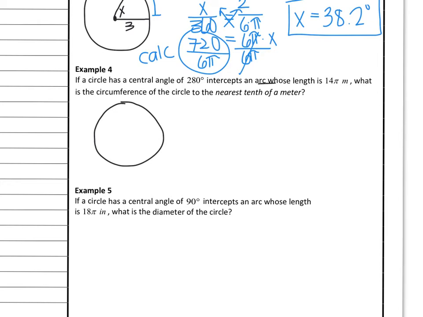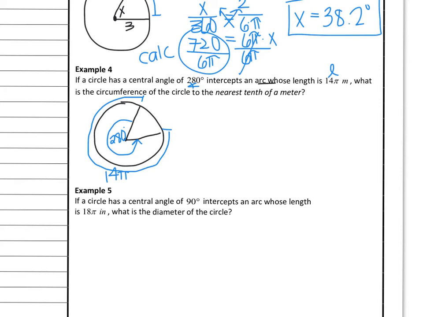So I'm going to draw the center, and the degree that they give us for the angle is 280, so it's going to be this big angle in there, so 280 is the angle, and the arc length is 14 pi, which means that if we're following this blue angle here, then that means from here, where the angle starts, all the way around this arc length, all the way around the outside, is 14 pi. So that's our L.